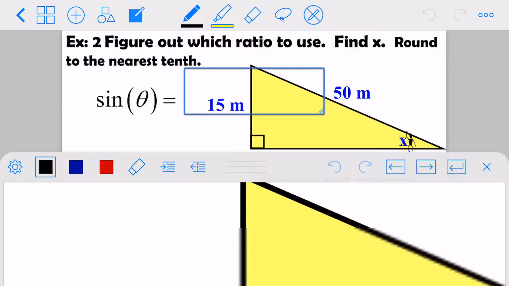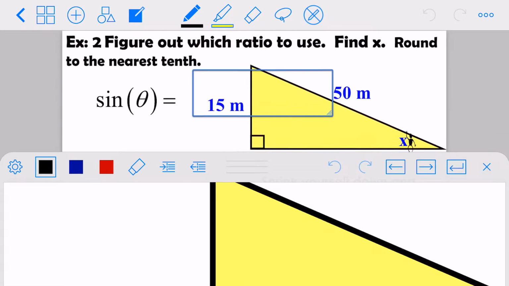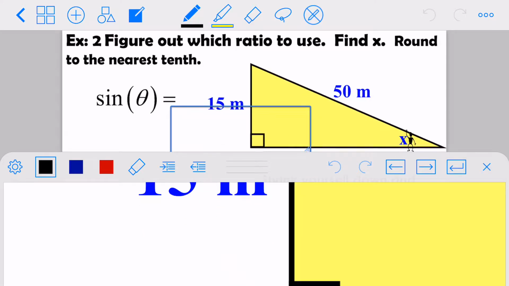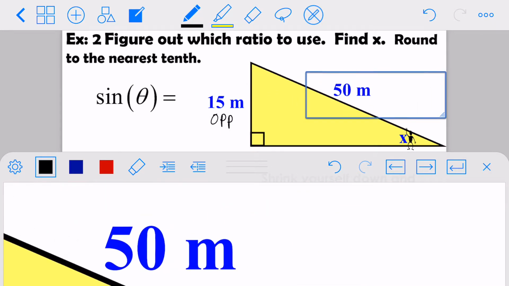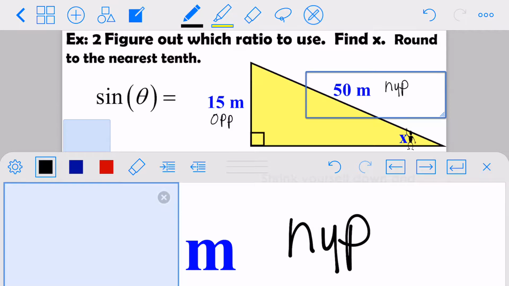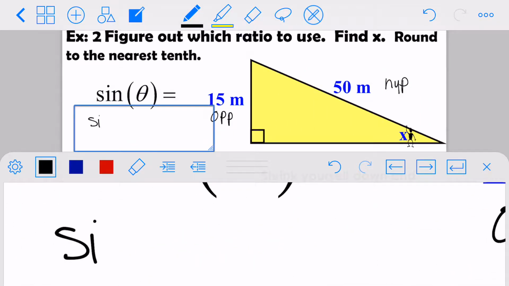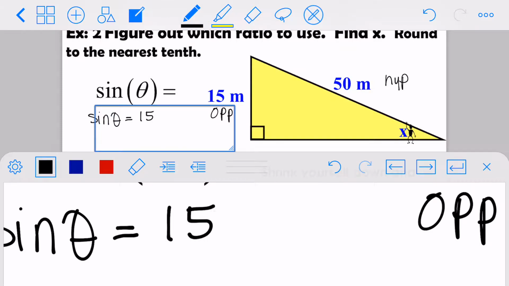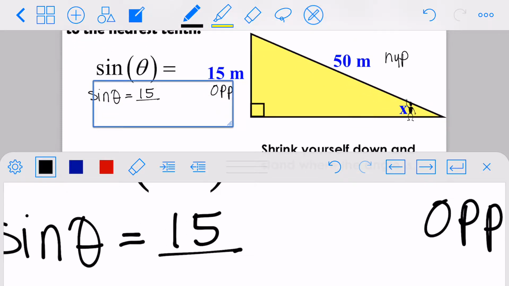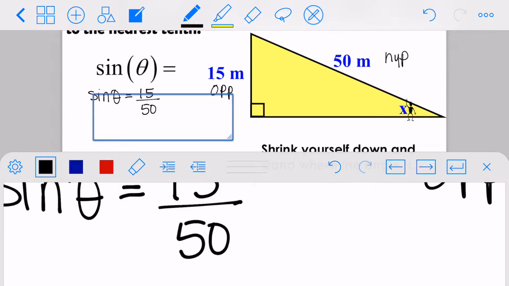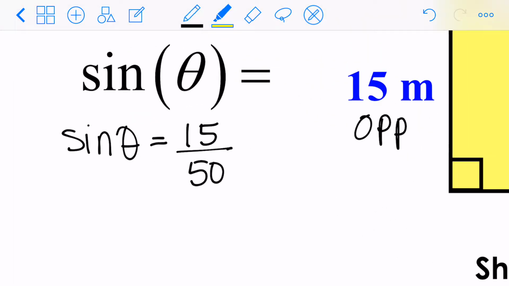Okay, so now if we're doing sine, again, if you're looking at x, this is going to be your opposite. This is going to be your hypotenuse. Sine says sine of theta equals your opposite, which is 15 over 50. So now remember, we want to isolate theta.